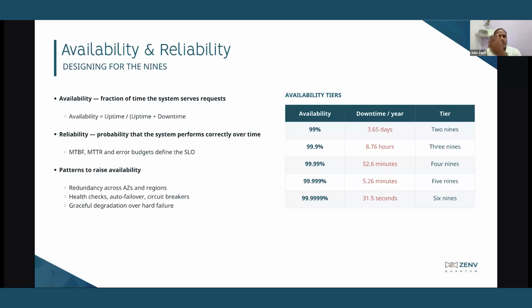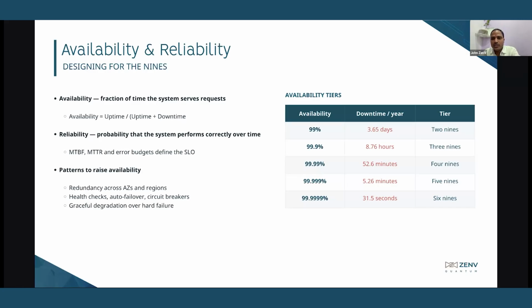If you look at an example, we can calculate availability as uptime divided by uptime plus downtime. As an example, if my system is 99% available, it means it is down for 3.65 days per year. That is two nines availability. For some systems it may be okay to have 99%, and they can design the system with respect to that. If the application doesn't tolerate this downtime, we should opt for maybe five nines.